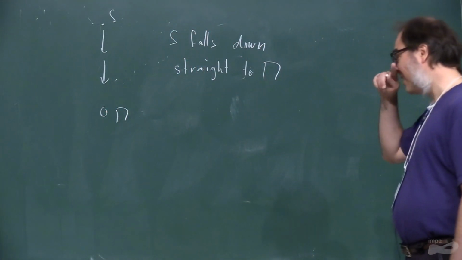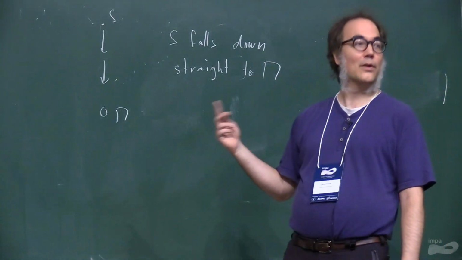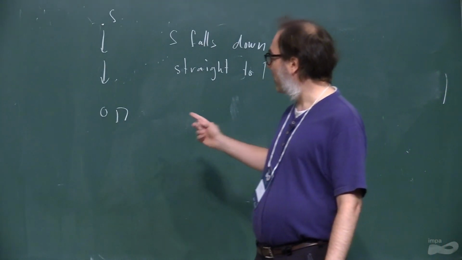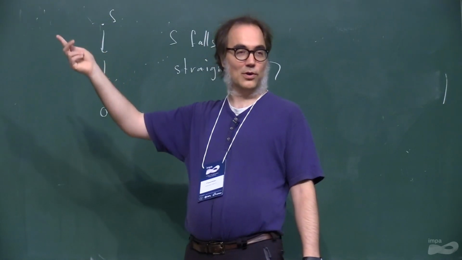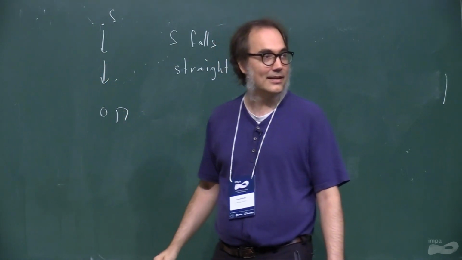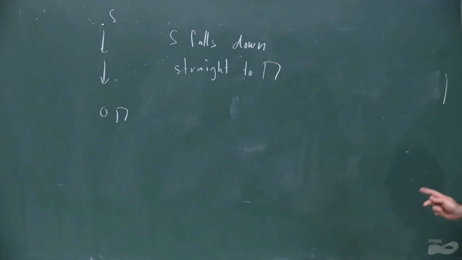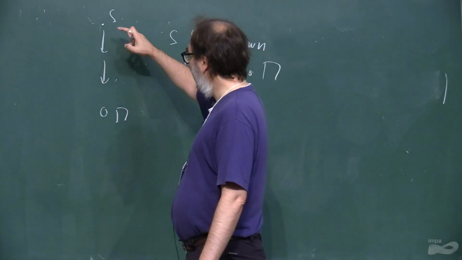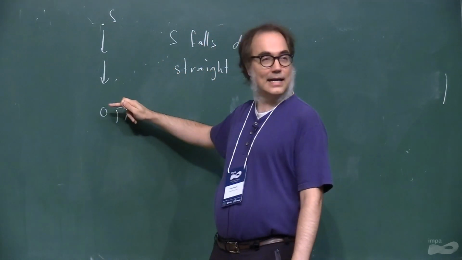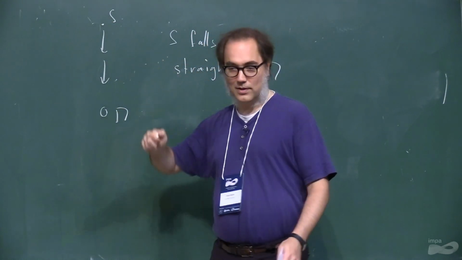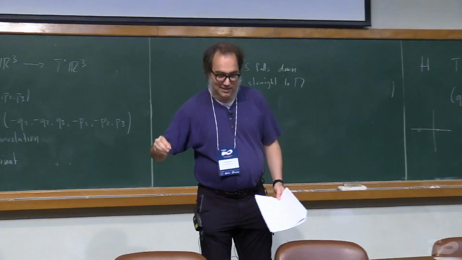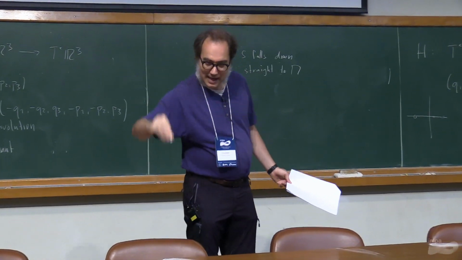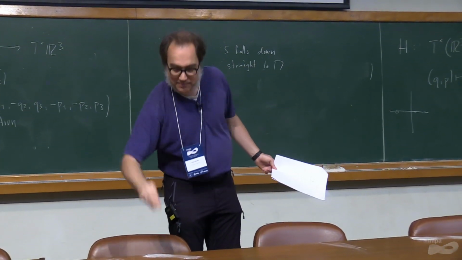But in this two-body collision, one can always regularize. And this topic of regularization we will discuss more in the coming week in our lectures. But what happens if you regularize it? The stone falls down to the moon, and then it just bounces back.